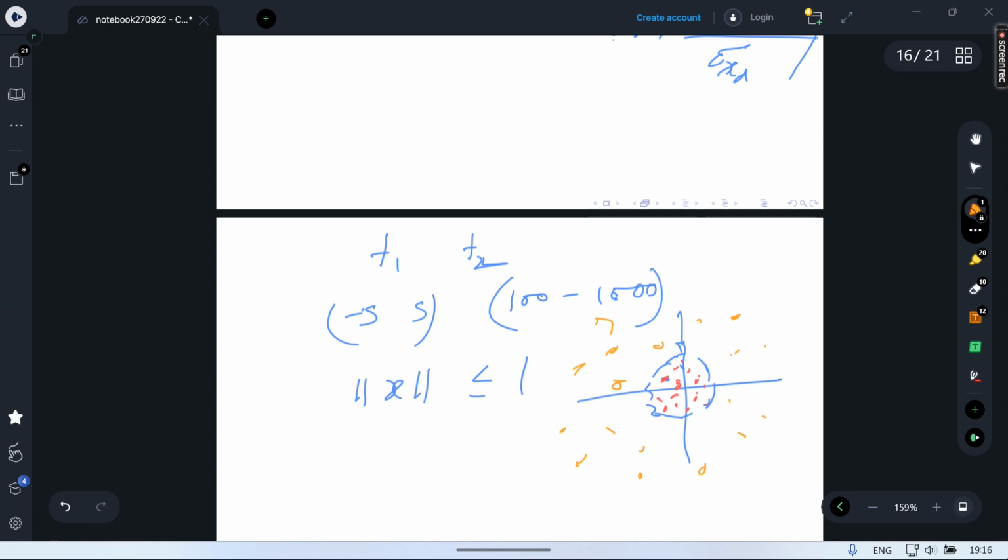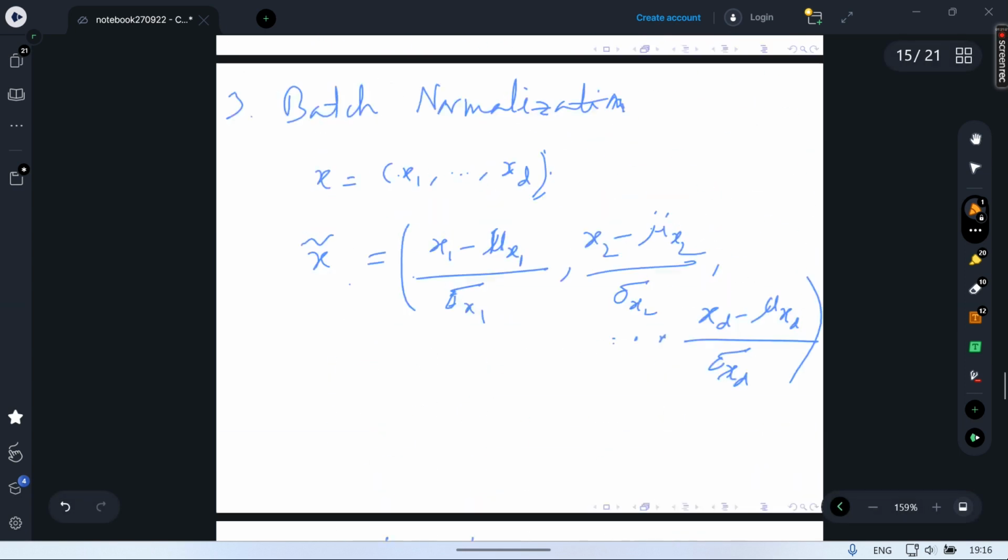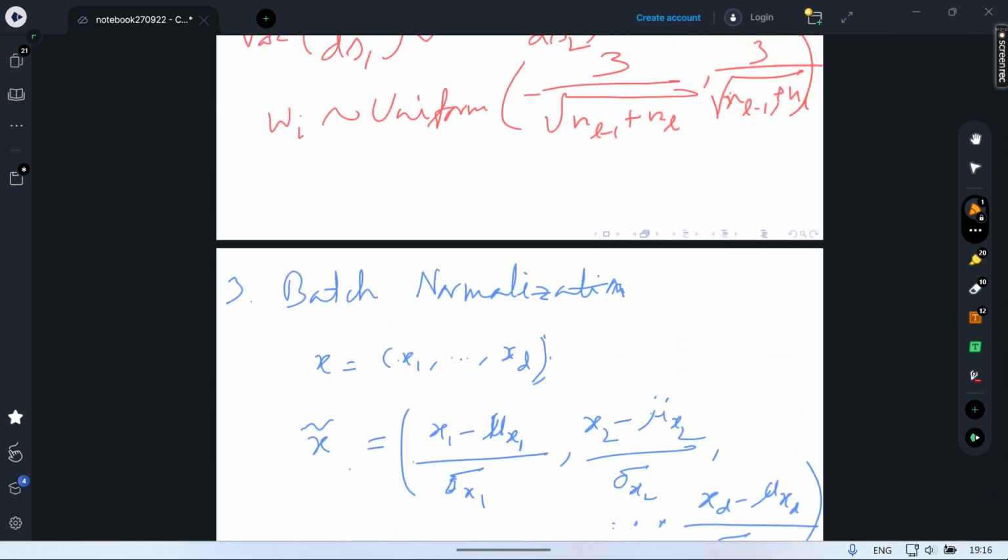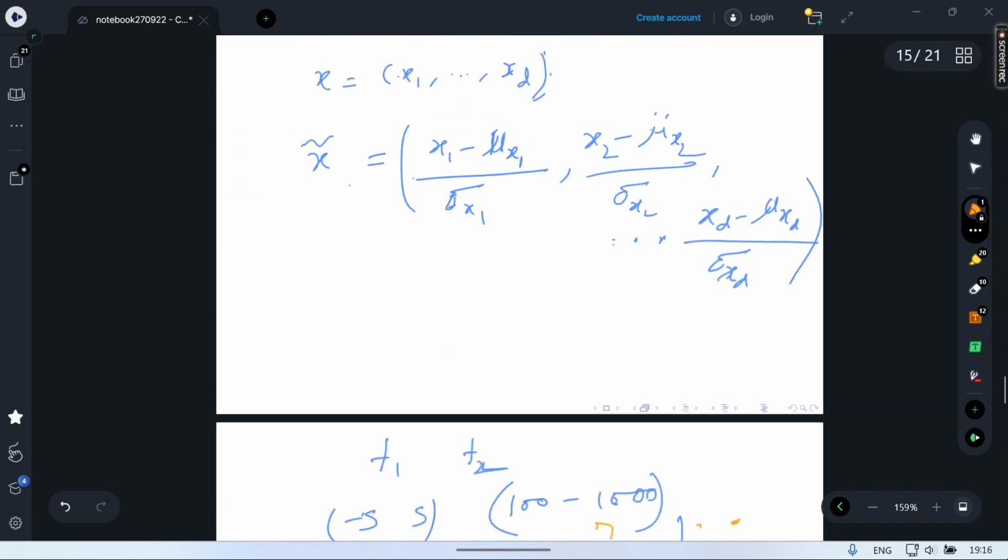So, to make sure that the norm of the inputs is bounded, sometimes we do such kind of normalization of the inputs. Okay, so they are very common, not only in deep learning, but also in classical machine learning.